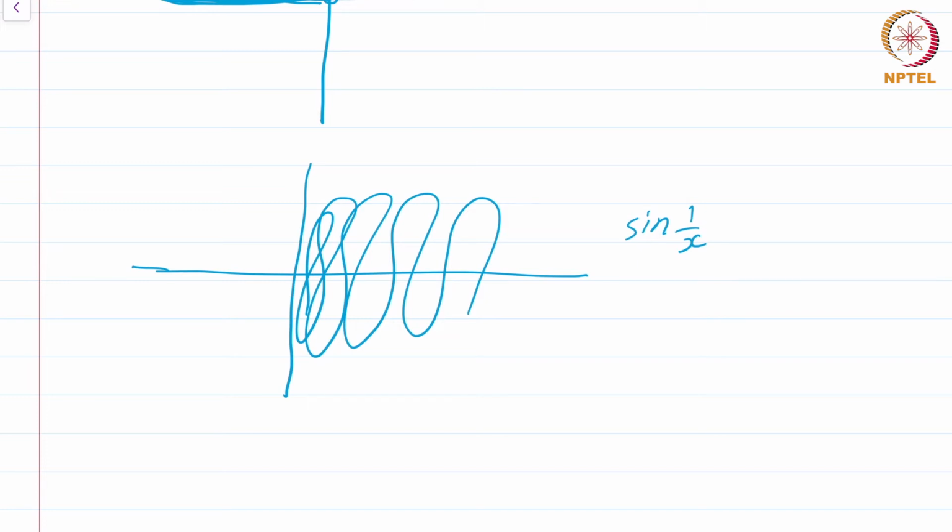Sine of 1 by x when x is not 0, and let's just say 0 when x is 0. This function certainly has a discontinuity at the point 0. Neither the left hand limit nor the right hand limit actually exists at the point 0. Therefore, this is an essential singularity.